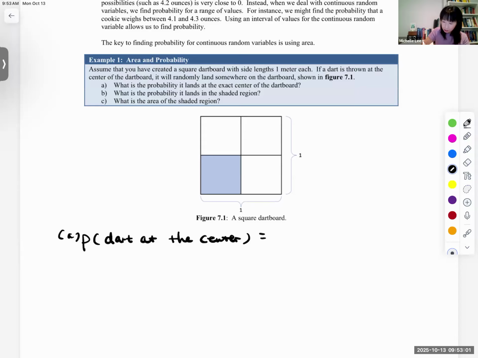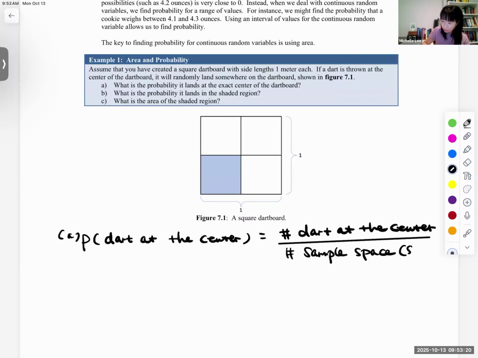So that means how many darts at the center, divided by the number of sample size, right? How many darts at the center?